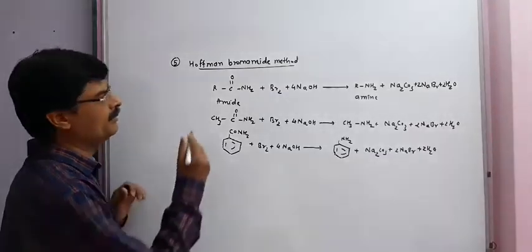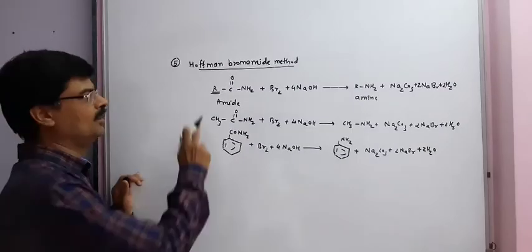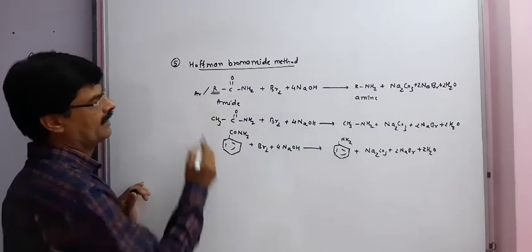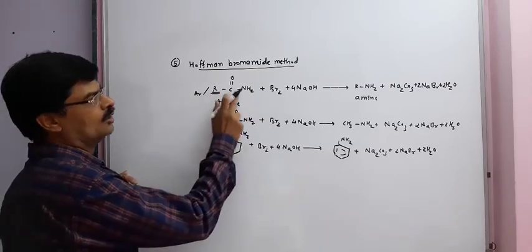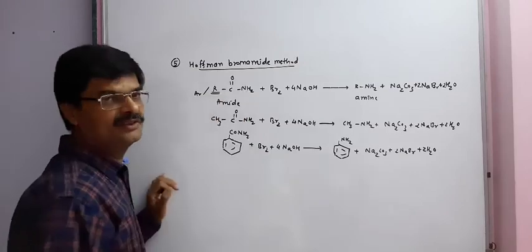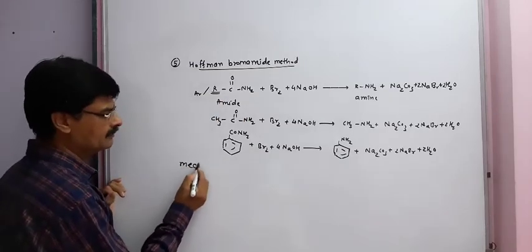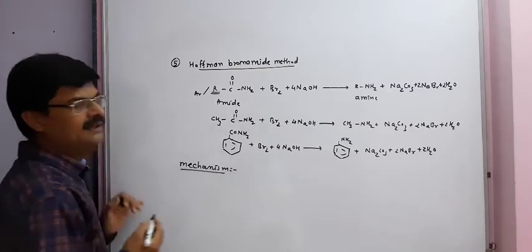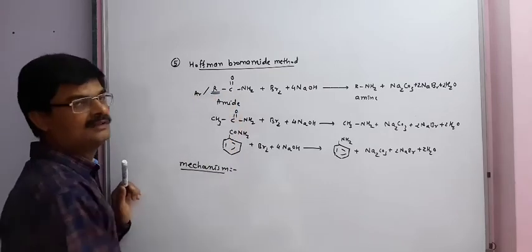In Hofmann bromamide, the R group, or say methyl group, or simply alkyl group or aryl group, migrates towards nitrogen. How is this possible? If we understand the mechanism, then we will understand the migration of the aryl or R group towards nitrogen.